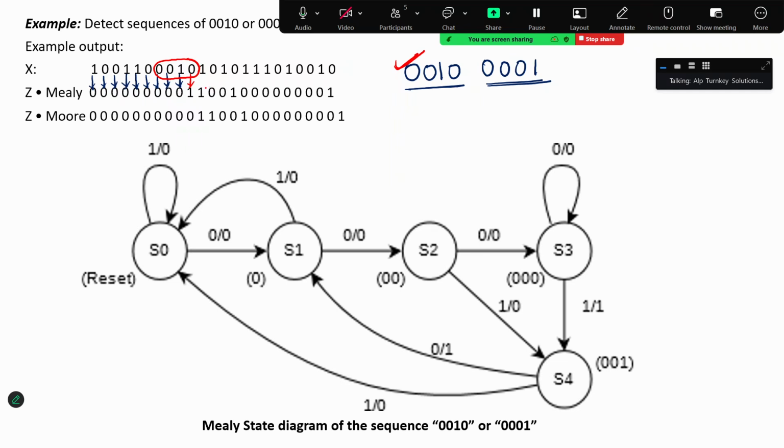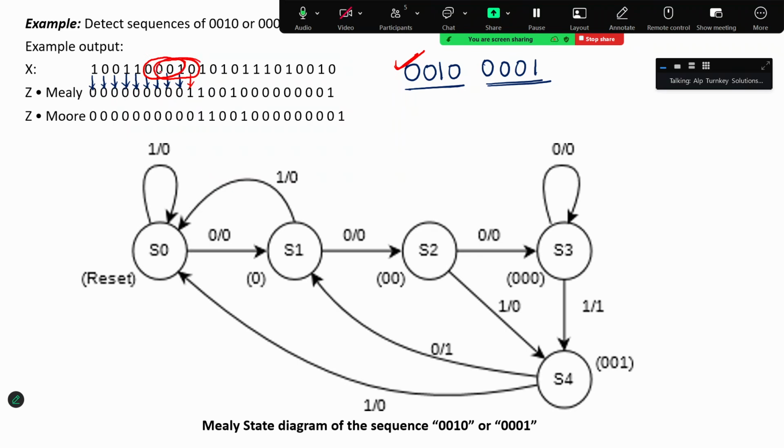Next case, the output becomes 1 now, and it will start from the next state. Because first we got 0001 and the output becomes 1.